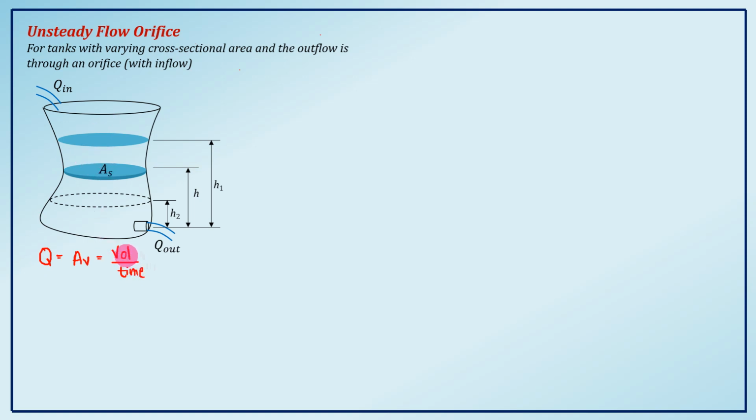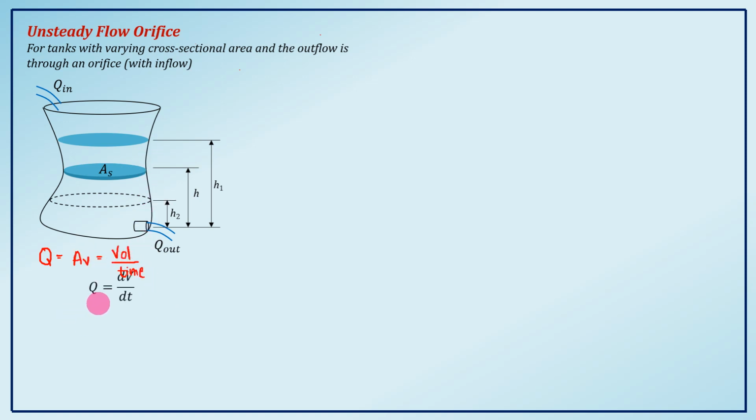Wherein, yung volume mo dapat in terms of the area and this head H. So, we have As, di ba, at this H, or kung small part lang ng tank natin yung kukunin, dapat in terms of a differential or integral na calculus. So, the volume here will be equal to As times H, or As dH. So, sige, sulat natin siya mathematically.